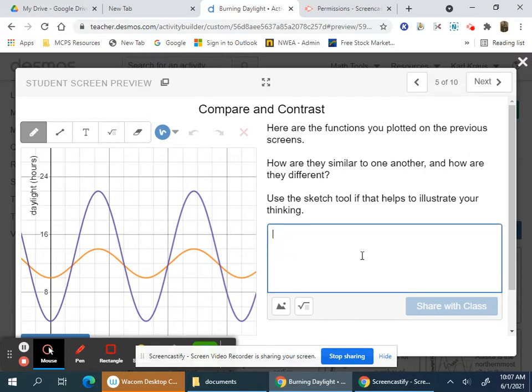Are they similar? Same period, and both cosine.